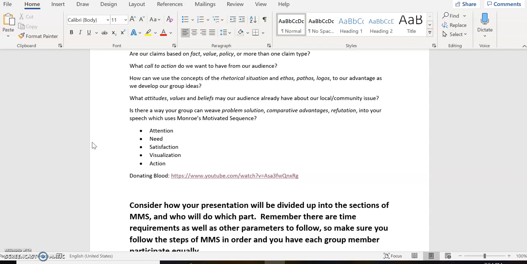Then you want to move on to the next step, which is the need. The need step isolates the issue to be addressed. So you're going to get deeper into the issue. And you want to show the audience that they have an important reason to listen, that there is this big problem, this issue that needs to be solved. That's really the entire point of this. So you've gotten them interested in the beginning.